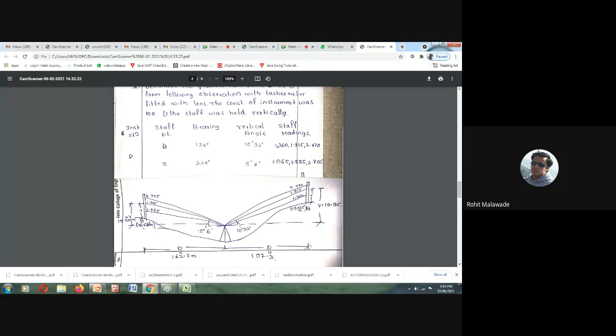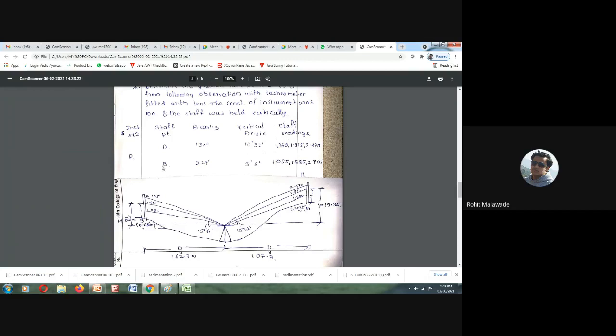Now the angle that the instrument station P is making with A is 10 degrees 32 minutes. These are the staff hair readings: 1.360 bottom, 1.915 middle, and 2.470 at the top. So this is the reading bottom, center, top.